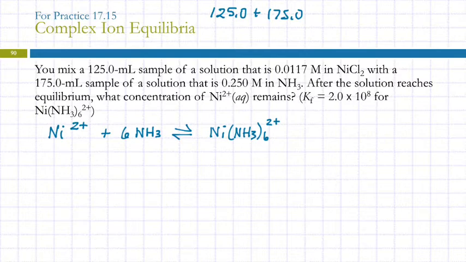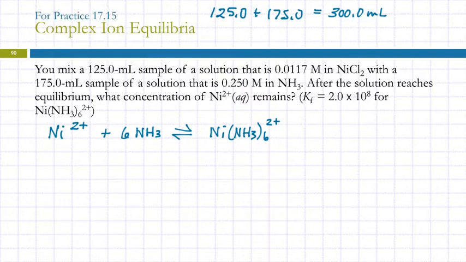So that's going to be 300, right? So 300 milliliters is our total volume. We're given the concentrations of the solutions that were mixed, so we need to find out how many moles of nickel chloride, how many moles of ammonia, and then divide by the new volume to get the new concentration.